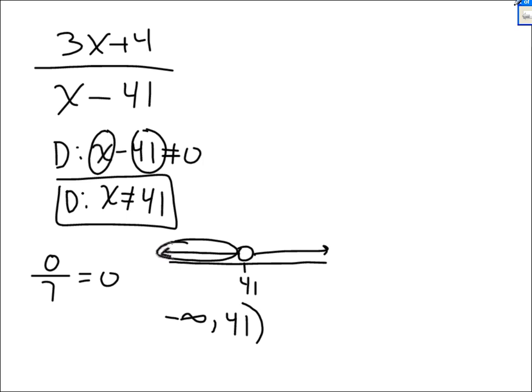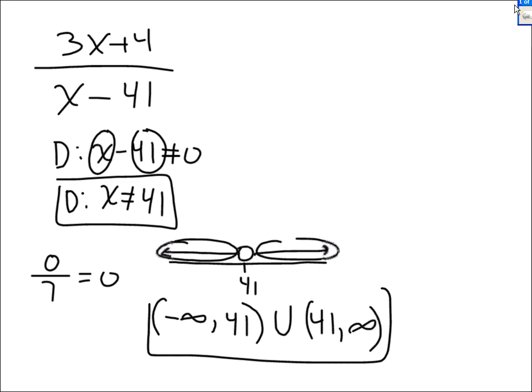That means open bracket. Never ever include infinity. And then the other half, which is 41 on forever, up to infinity. Never ever include infinity, and in this case, don't include 41.